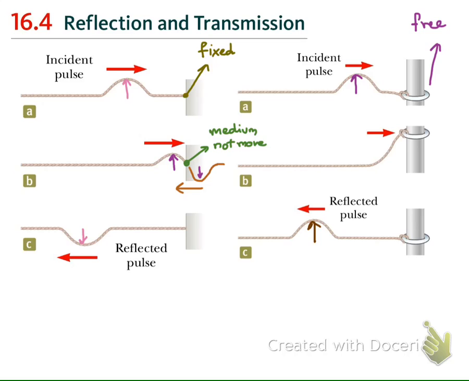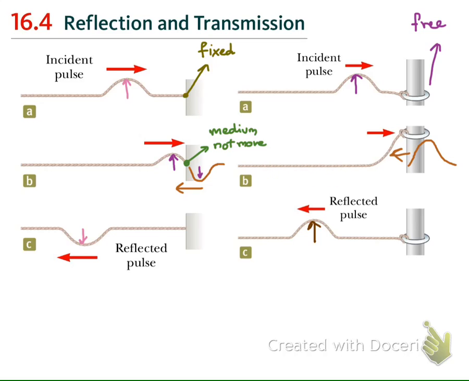We can use the concept of the imaginary wave in this case, that we have the imaginary pulse that moves in the opposite direction to the real pulse, and in this case, since this is a free end, the imaginary pulse will move on a straight line on the string.